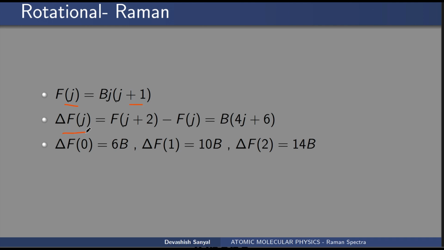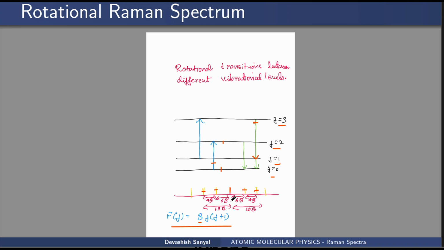So delta F_J is equal to F_J plus 2 minus F_J, and that you can see easily comes out to be B into 4J plus 6. So now delta F_0, that is J is equal to 0, comes out to be 6B. Delta F_1 comes out to be 10B. Delta F_2 comes out to be 14B, and that is what we have written here.